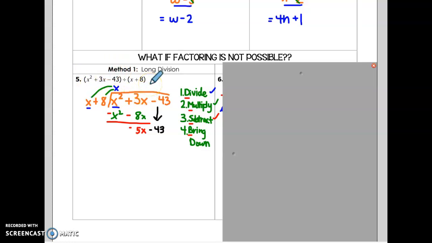You guys did this back in elementary school when you took a number divided by another number. So it's very similar to that process. Like if I made up a number, let's just say 62.